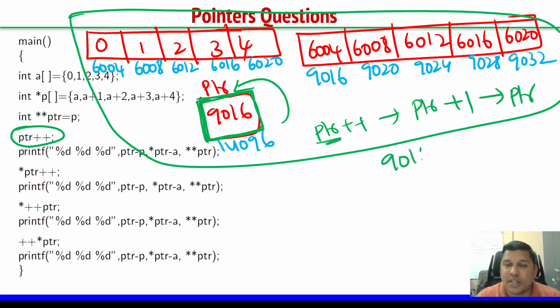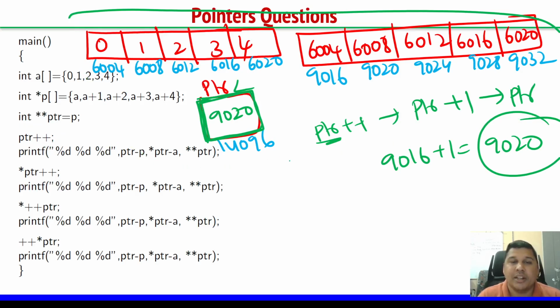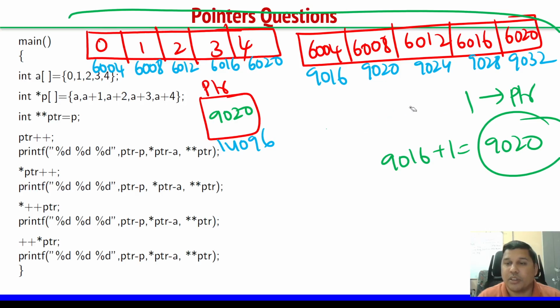So 9016 plus 1, that is 9020. Where do I have to store this 9020? Again in this box. So we store it here, 9020. Because of this statement PTR plus plus, the value inside PTR has changed. Okay, it became 9020.